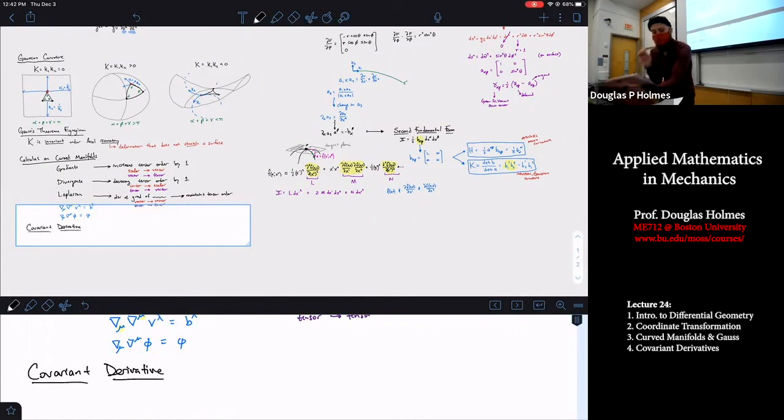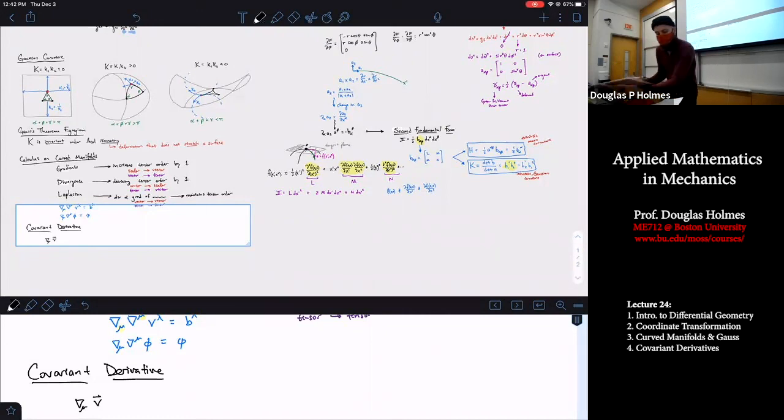If you've never seen a covariant derivative, it looks like grad with a subscript, identifying this as a covariant derivative of some vector. We'll just call it a vector v hat.